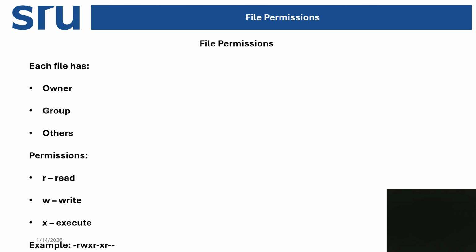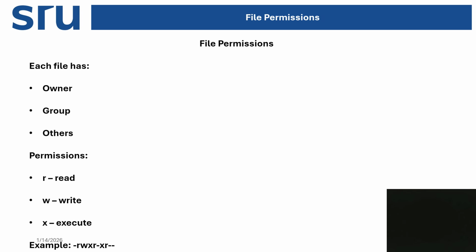Group has 3 bits: read, write, execute, and others has 3 bits: read, write, execute. The first bit is for file type, then 3 bits for owner, 3 for group, 3 for others, so a total of 10 bits belong to the file permissions concept.